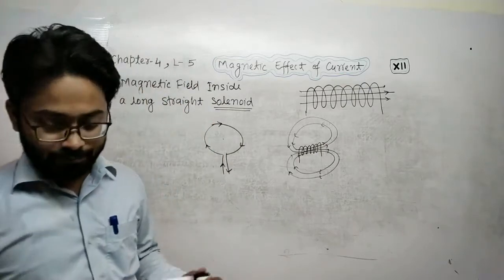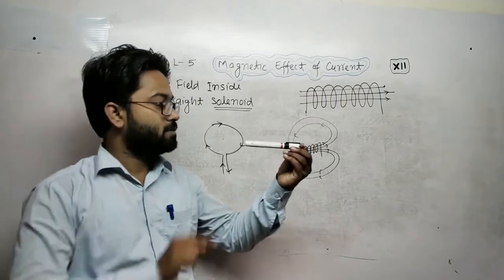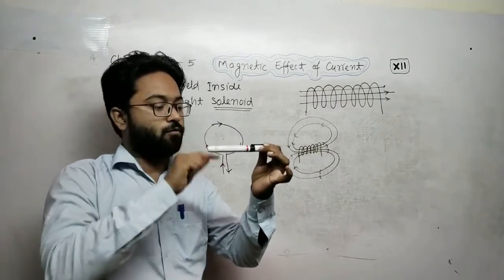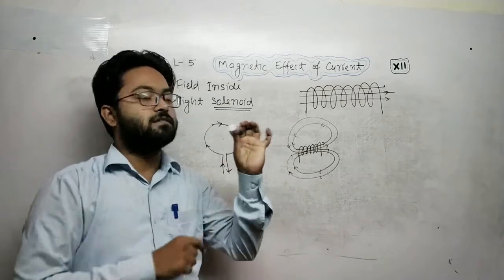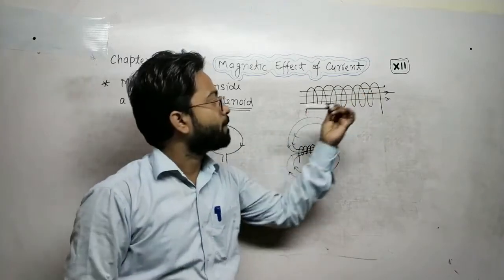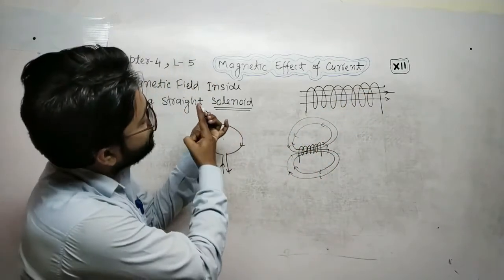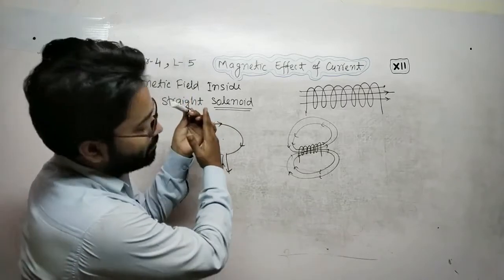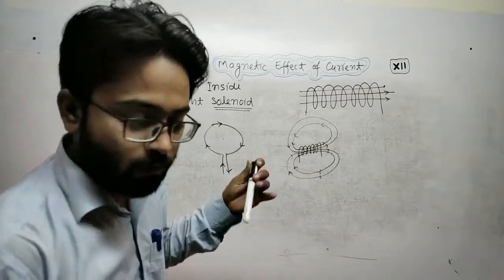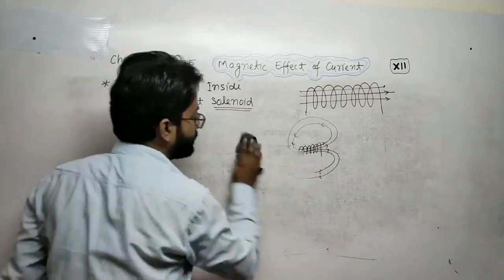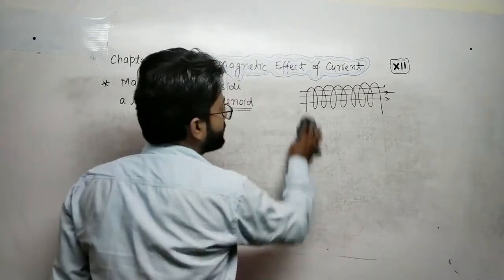Let us suppose this is the coil. The wire is wound like that. This is the coil, and cut it from the middle. What structure will you have? You will have a structure like that.